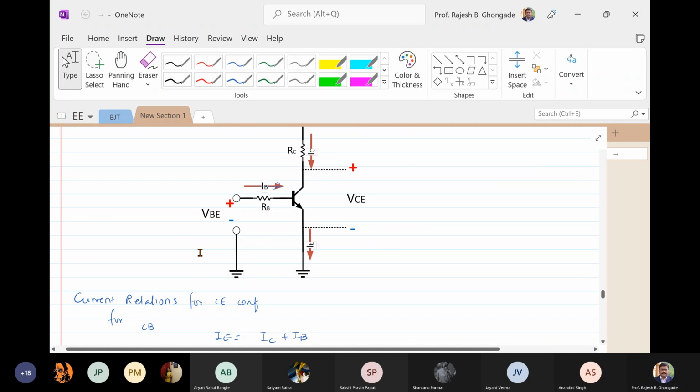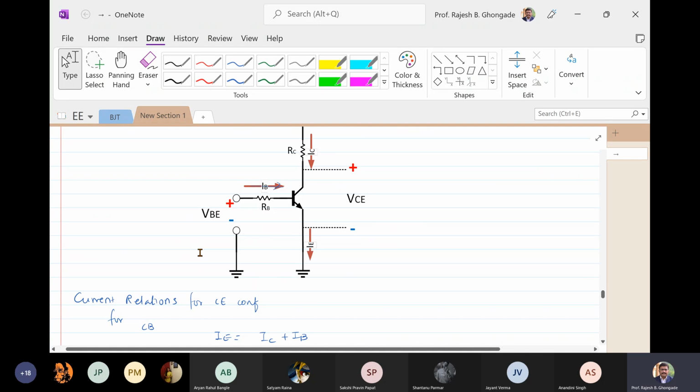VCE. Now let me clarify again at this point. Somebody had asked last time, if input voltage is given then the output voltage will also change, and all those kinds of things. There may be some confusion here. But what we are doing here is biasing the transistor.